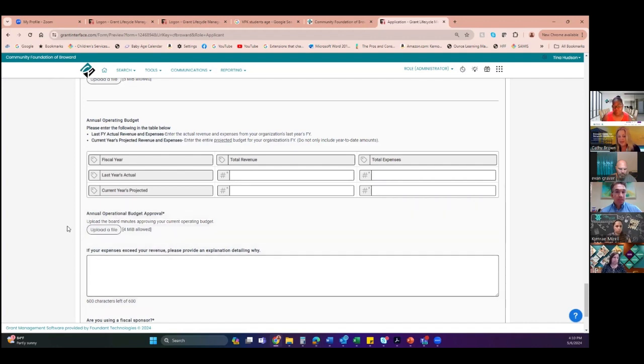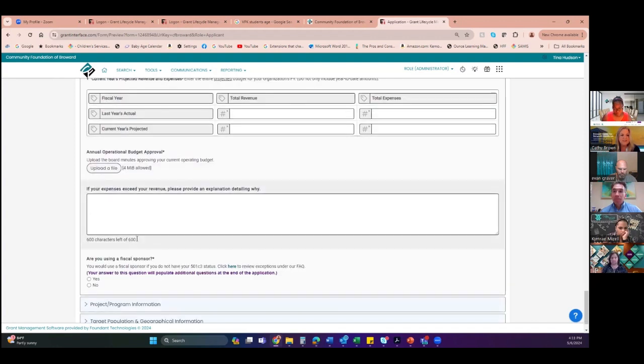Remember, I gave you a hint at what format we love. We don't require that particular format, but I'll tell you that really helps us out when you can use that. It's in the handout you can take a look at. And then there's even a place where you can do a little bit of explanation. It might be that if your expenses exceeded your revenue, there's a reason for that. You may have had a year where we had a pandemic that changed things for a lot of people.